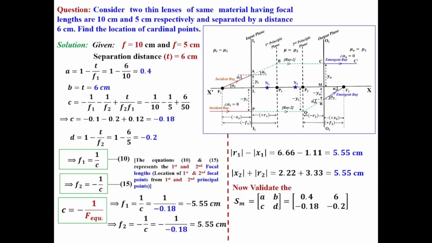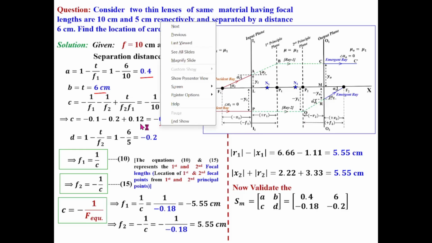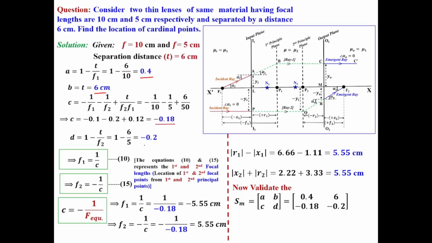We know the system matrix of any optical system will be acceptable if the determinant value is 1. So here the a, b, c, d values are 0.46, this one, this is the c value, this is the d value. Just substitute and take the determinant.